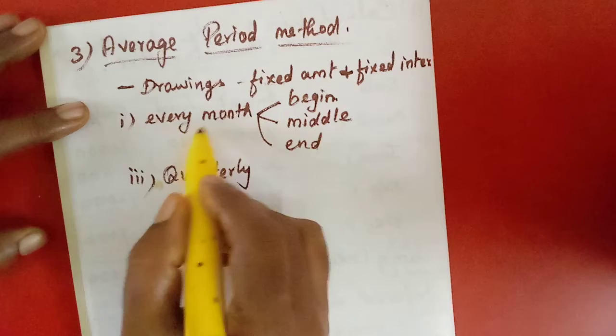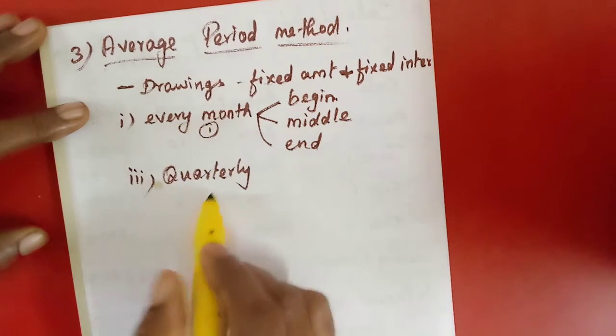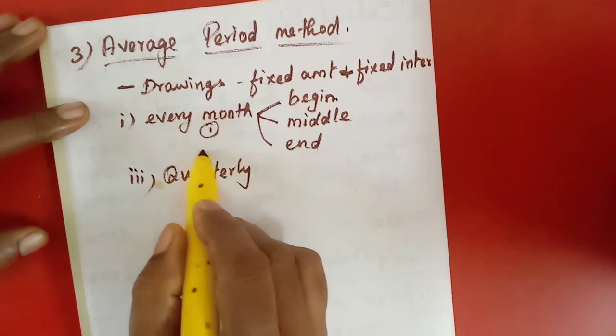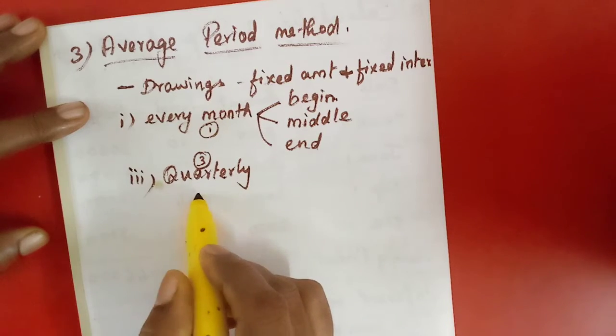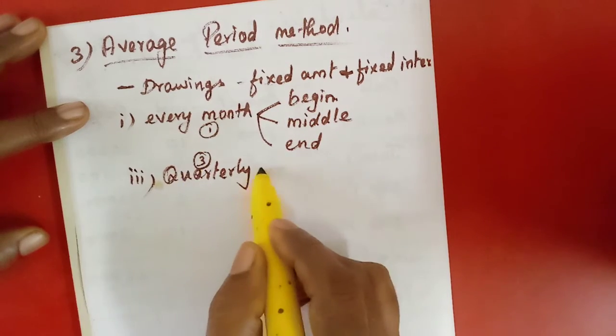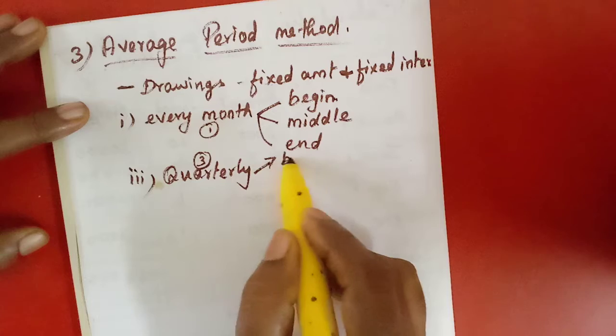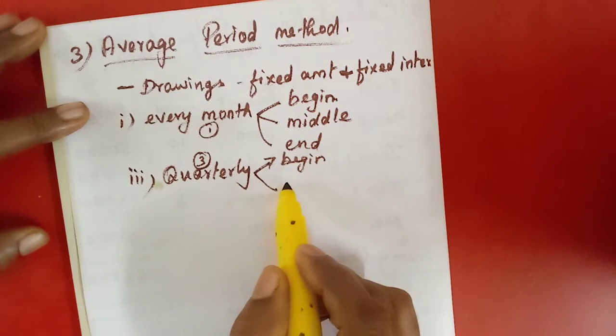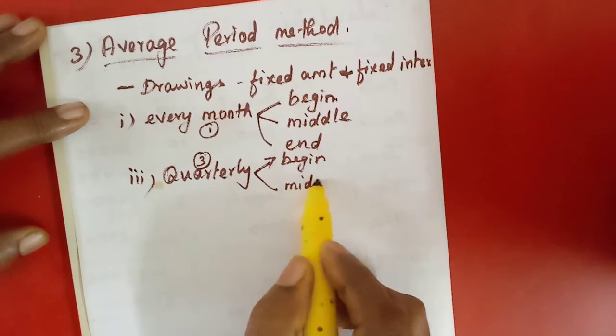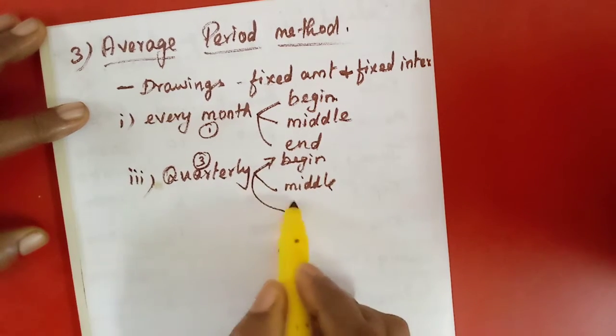Quarterly means here every month, 1 month, isn't it? Here for every 3 months, quarterly means the whole year is divided by 4. Then how many months will we get? 3 months. This also at the beginning of every quarter, or in the middle of that quarter, or at the end of that quarter.